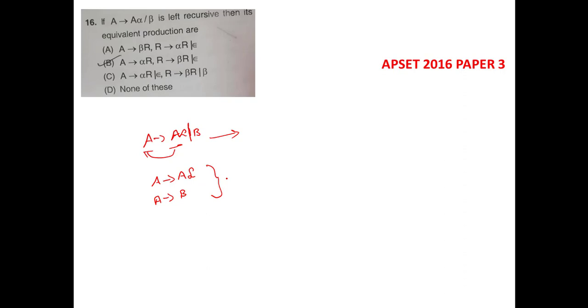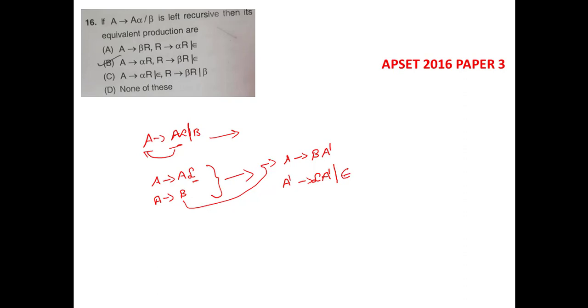So this left recursive grammar can be converted into a right recursive one, like that. Now take these production rules as A tends to beta A dash, and A dash tends to alpha A dash or epsilon.